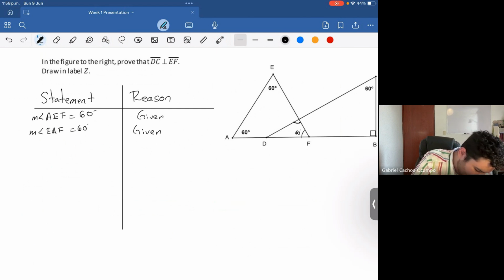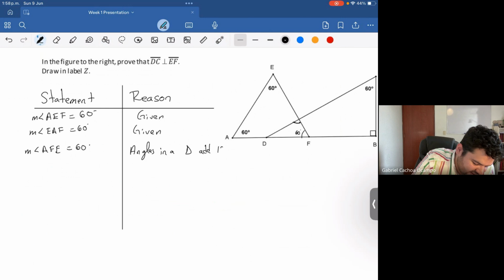Then we can calculate angle AFE, and that is 60, because angles in a triangle add to 180.